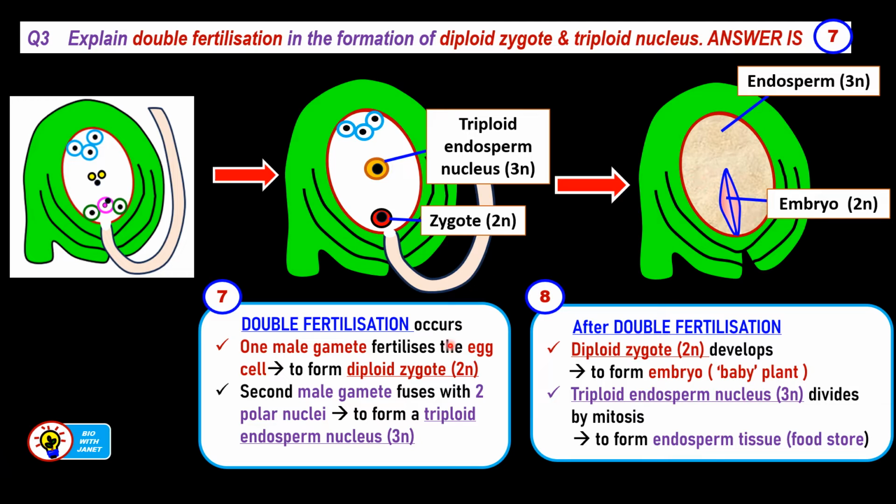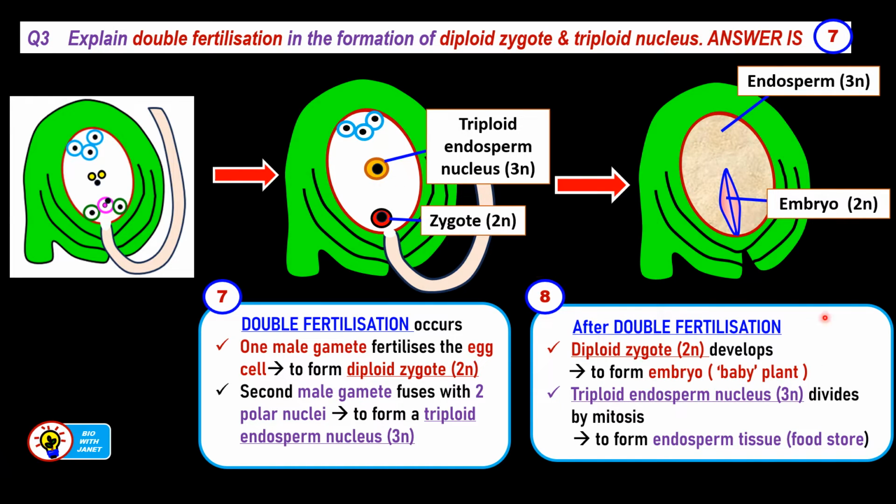Okay, let's read from here. Now, let's repeat what we have discussed just now. Double fertilization occurs whereby one male gamete here fertilizes the egg cell to form a diploid zygote. The second male gamete fuses with two polar nuclei to form a triploid endosperm nucleus, right?